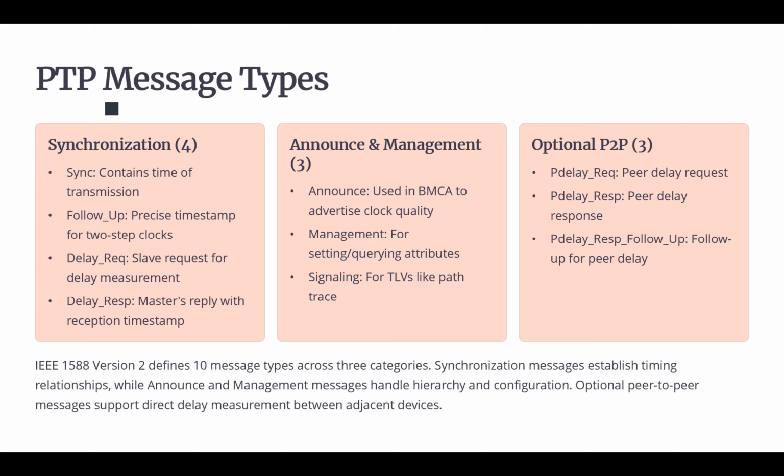When you send that request, you will get a response, which is the peer delay response message, which basically says that I got your request at this exact time, so it can help calculate the one-way delay accurately.